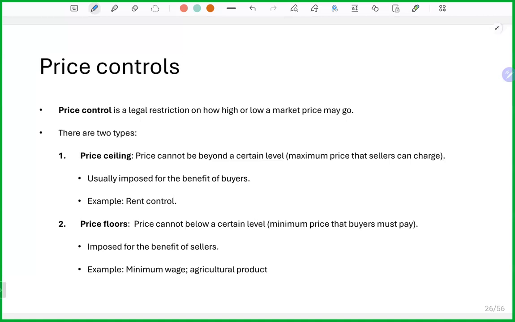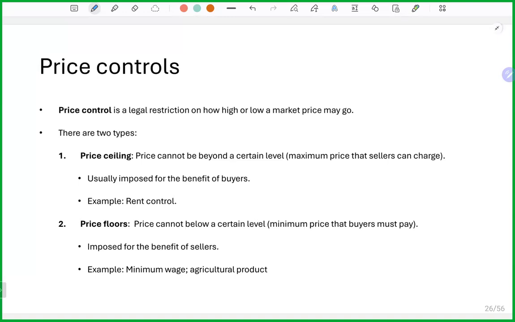The wage is the price of your labor. When you sell your labor services to an employer, you get the wage. That's the price of your labor supply. And then we put a price floor, a minimum price. Without this control, wages would be lower. But because of this minimum wage, wages should be above a certain level.